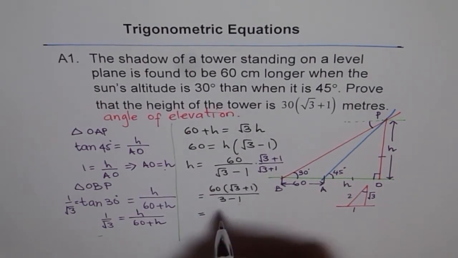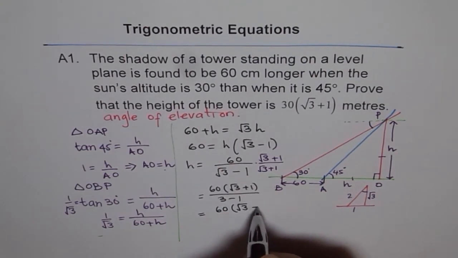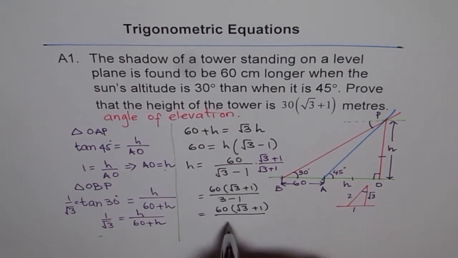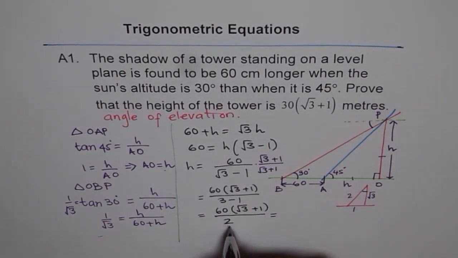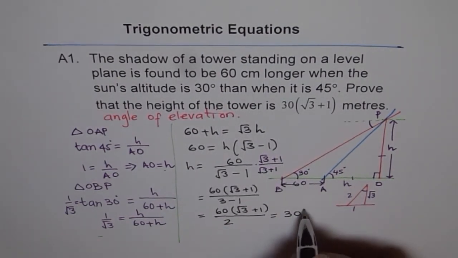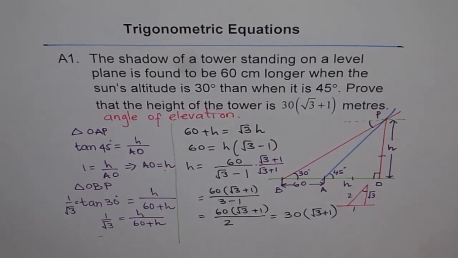So you get 60 times (square root 3 plus 1) divided by 2, right? And 60 divided by 2 is 30. You get 30 times (square root 3 plus 1). Do you see that? So that is what we wanted to prove. So the height of this tower is 30 times (square root 3 plus 1), correct?